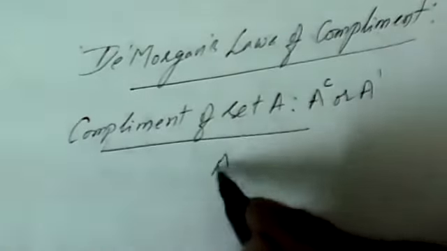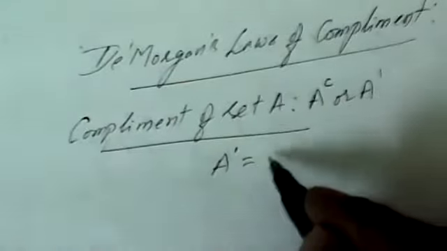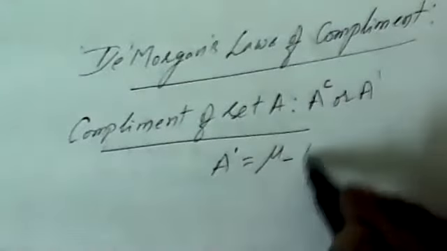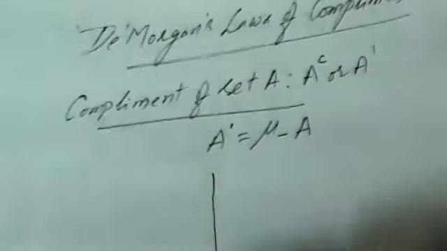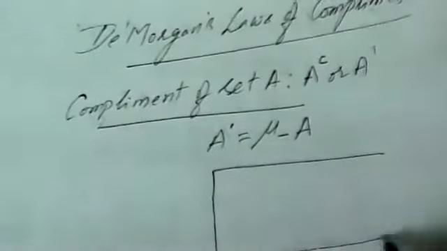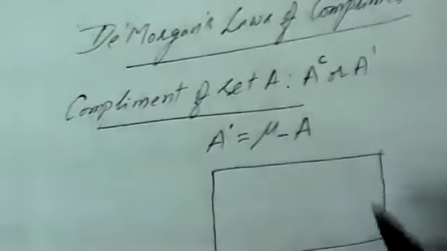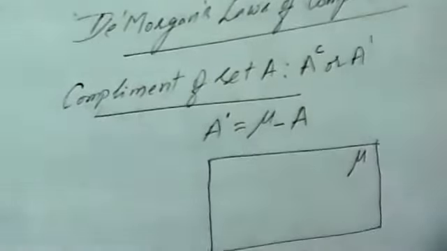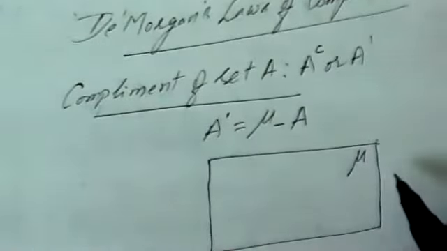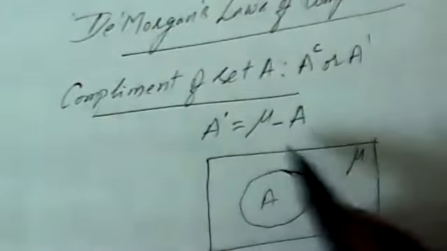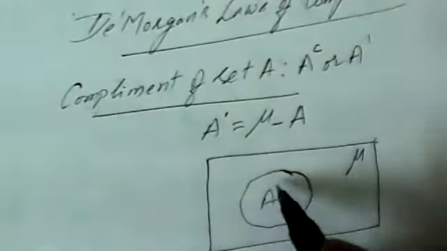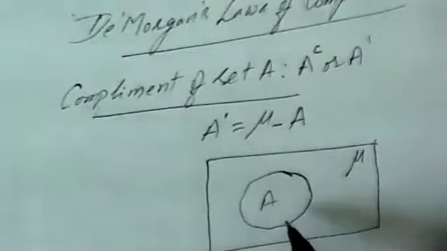So it's nothing but A dash, the A complement, is equal to mu minus A. So what is this? This rectangle always represents the universal set mu, and in it our set is A. So remove set A from mu.